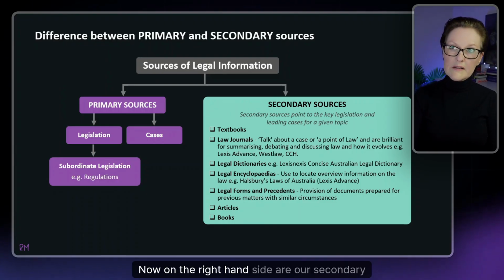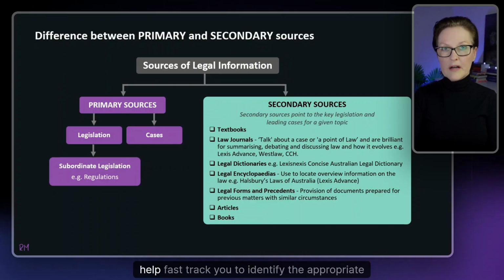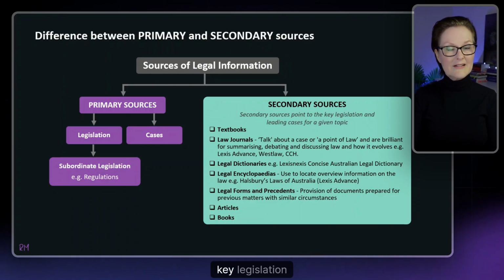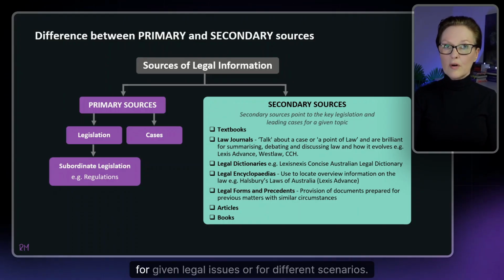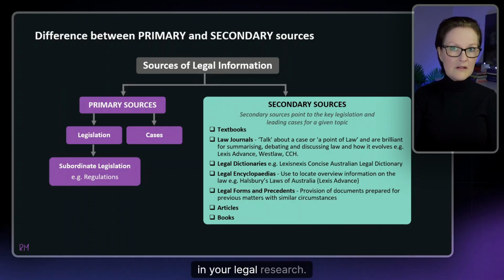Now, on the right-hand side are our secondary sources, and these are critical because they will help fast-track you to identify the appropriate key legislation and the correct cases for given legal issues or for different scenarios. So they're extremely helpful and important in your legal research.